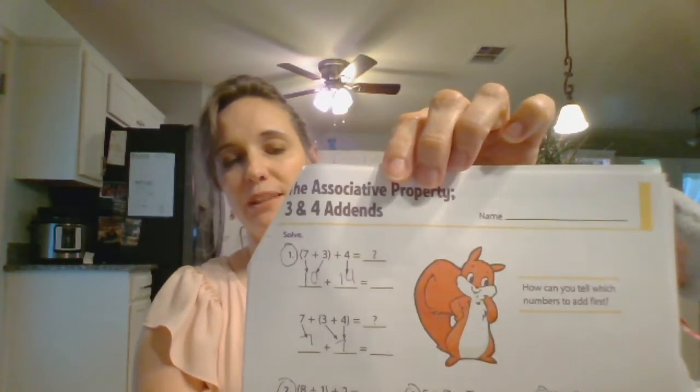What is 7 plus 3? 10. And then what is 10 plus 4? 14. All right, now they've got it in a different way of parentheses, but it's still 7 plus 3 plus 4. So 7, just bring that down, and then 3 plus 4 is 7. All right, so you have it like this. So what is 7 plus 7? 14.